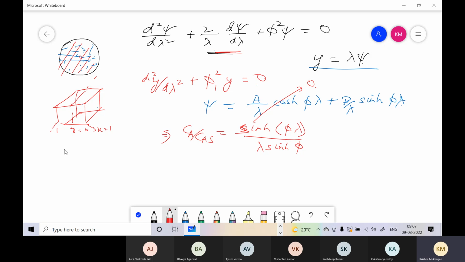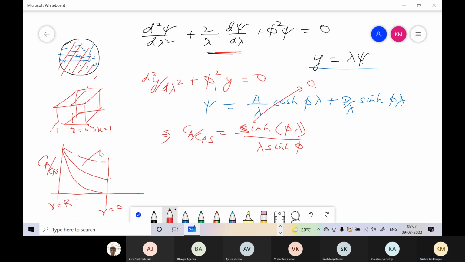I'm just quickly summarizing this again. So I was able to say that I can get plots like this of CA by CAS. And these plots, as you obviously realize, will be till the center of the pellet, r equal to 0, r equal to R here.